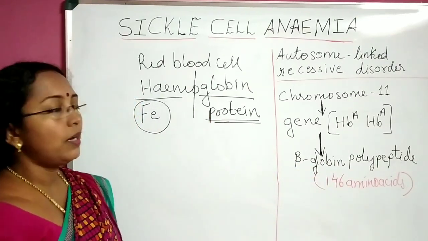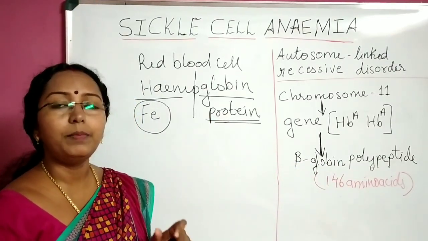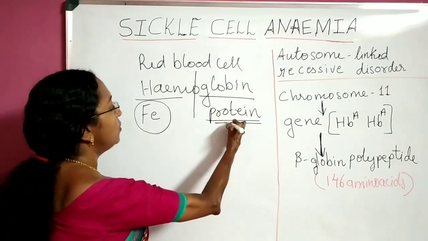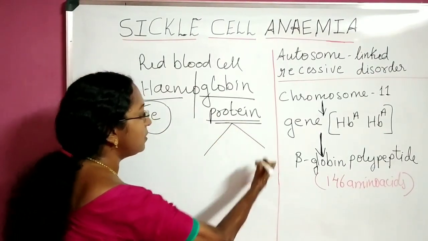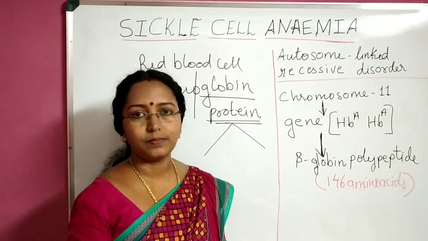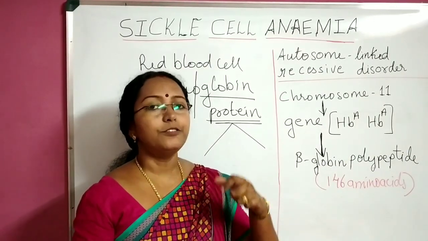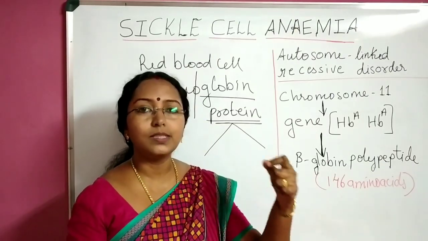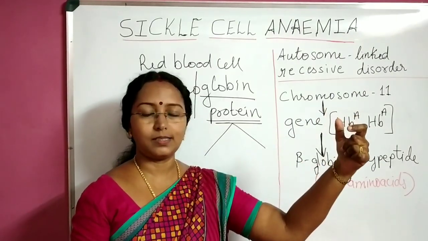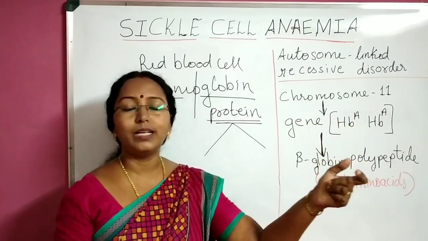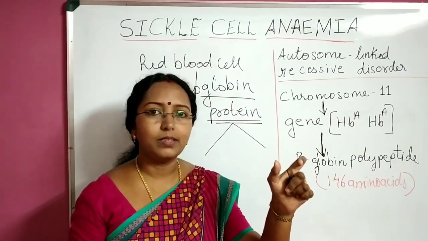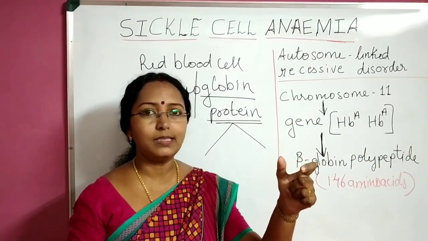This protein part of hemoglobin is actually made up of two different proteins. Instead of protein, we can now use the term polypeptides, because now we are in standard 12. You might have learned in standard 11 regarding polypeptides, isn't it?